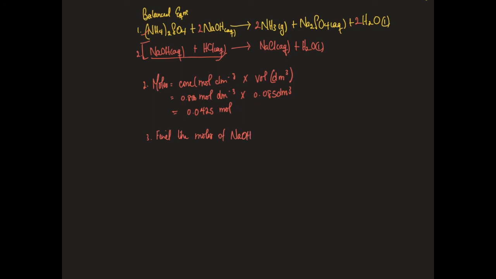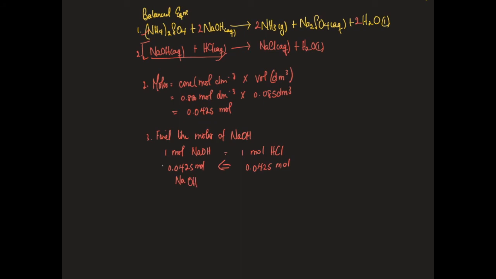Since it's a 1-to-1 ratio, 1 mole of sodium hydroxide, NaOH, is equal to 1 mole of HCl. We already know the number of moles of HCl as calculated above, so we get 0.0425 moles of sodium hydroxide.